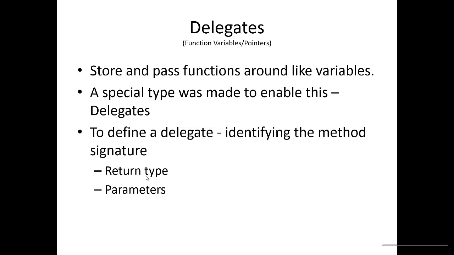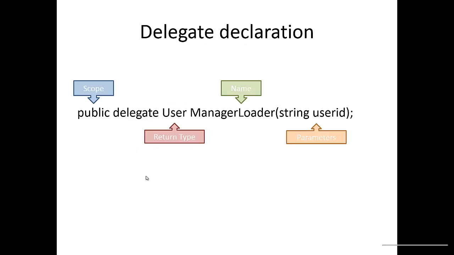Alright, so how do we go about defining these? Well, to define a delegate, you have to identify what's called a method signature. And the method signature consists of two pieces, the return type and the parameters. So this is a delegate declaration. We have a scope, just as we did previously. We have the keyword delegate, identifying that this is a delegate declaration.